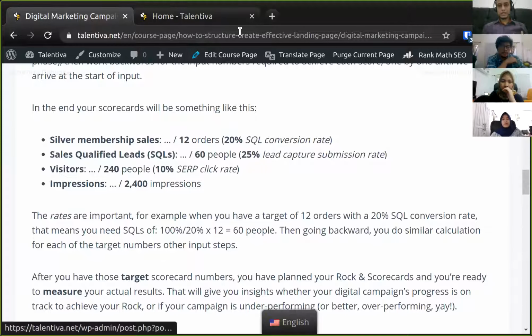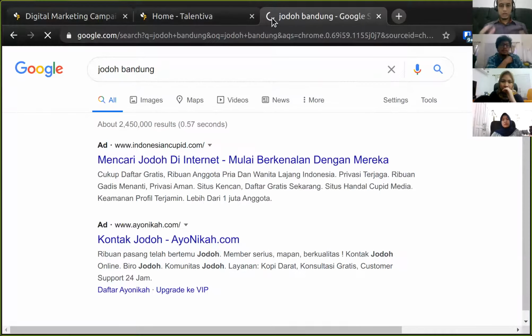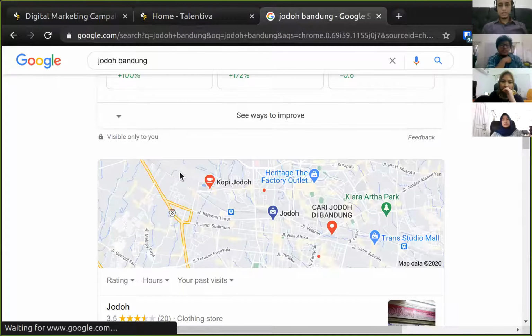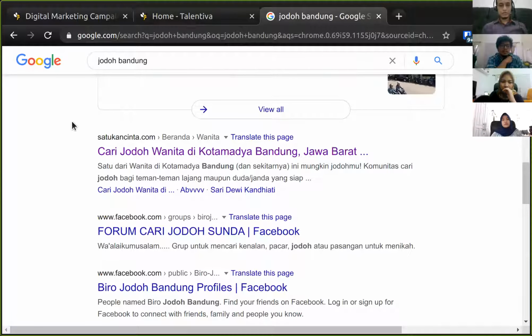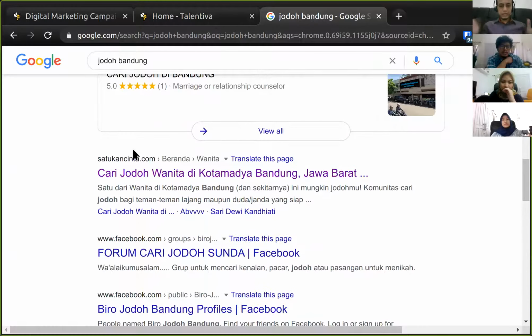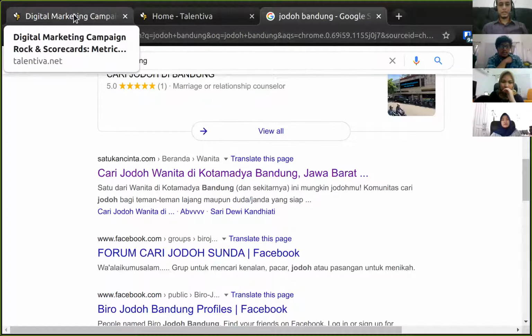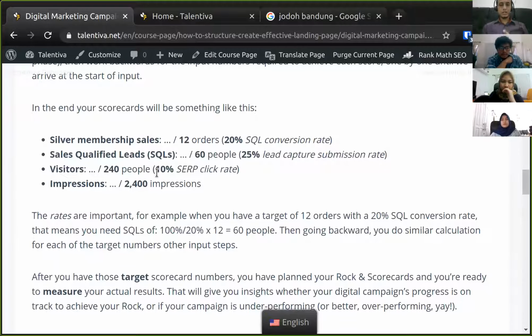For example, if we search for Jodoh Bandung and this website shows up, of 10 people who search on Google, one of them clicks this link. That means it's 10%. So if we have a 10% SERP click rate, how many impressions do we need to get?